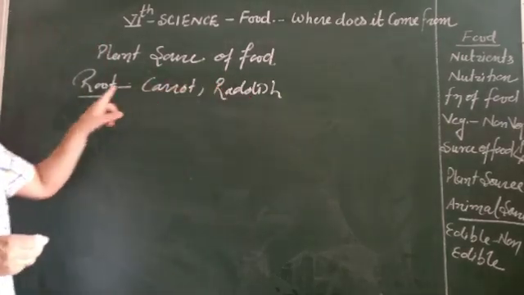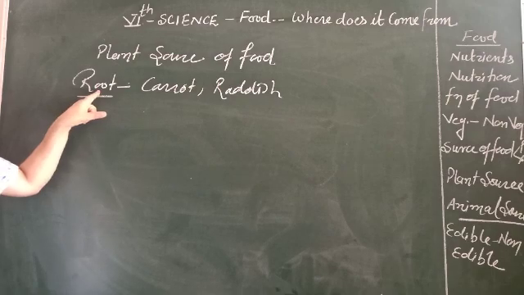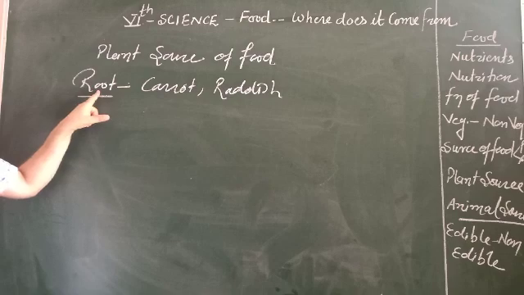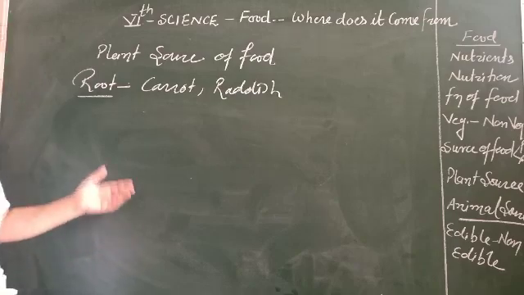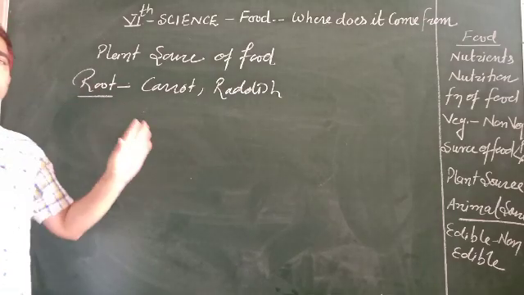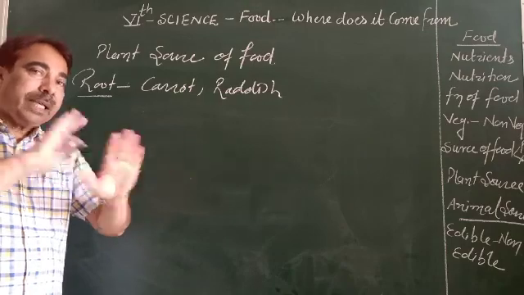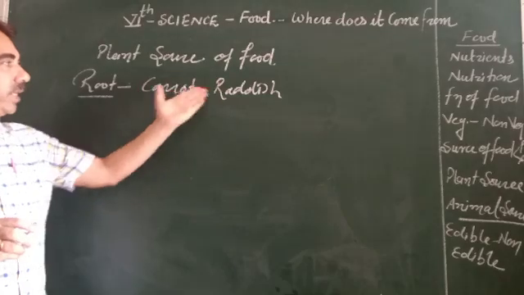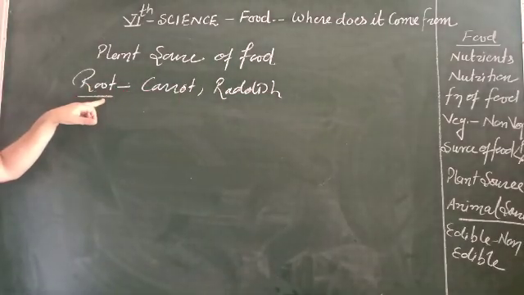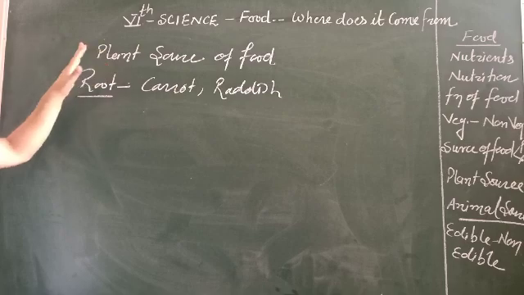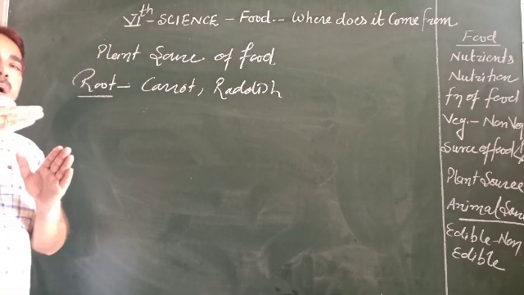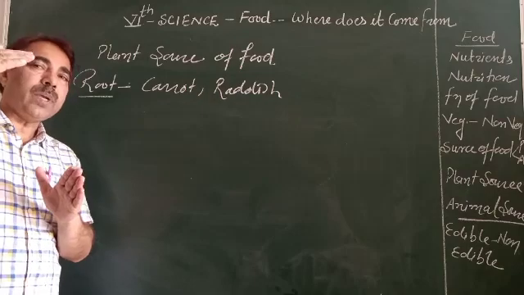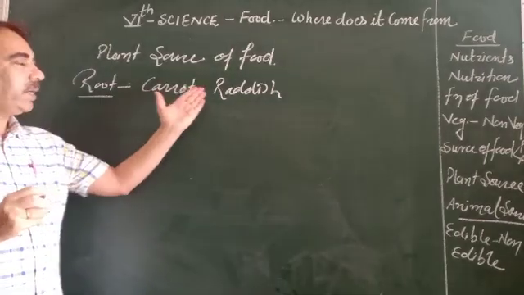Root is one primary part of plant which is eaten by animals, people, and all living organisms. But we cannot eat the roots of all plants. In some cases, like carrot and radish, you can eat. So you can say roots of some plants are edible, for example, carrot and radish.